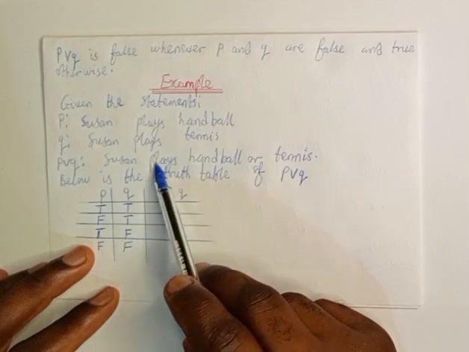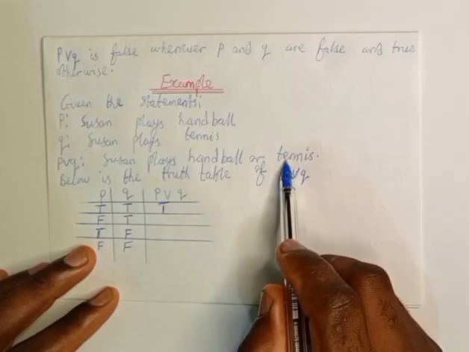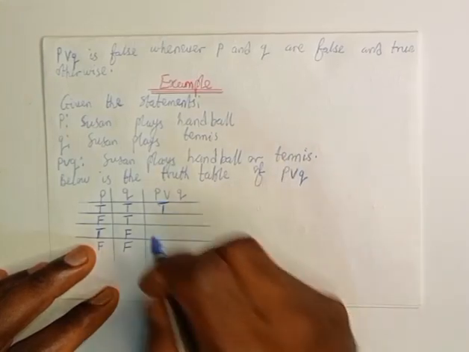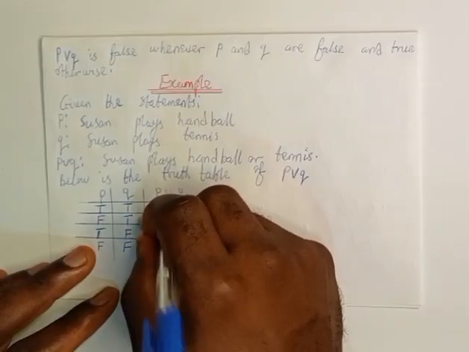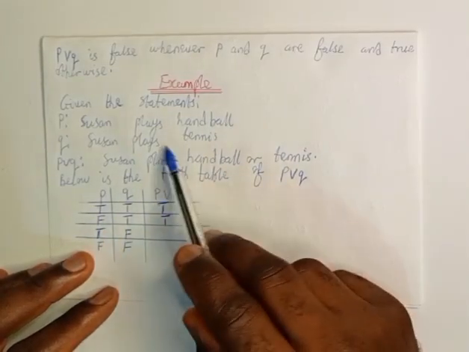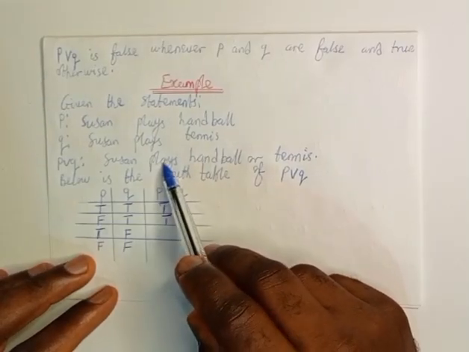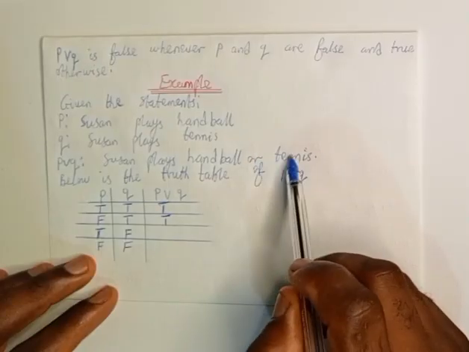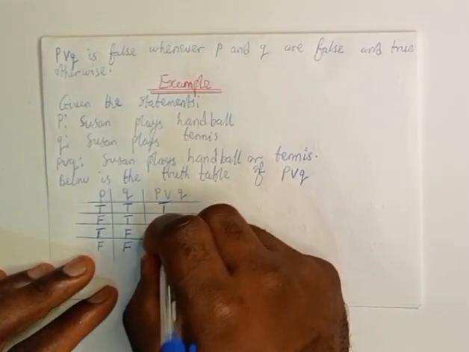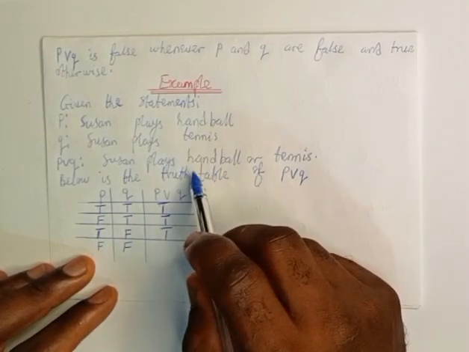The disjunction Susan plays handball or tennis is true because Susan plays tennis is true. We go to the next. Susan plays handball is true. Susan plays tennis is false. The disjunction Susan plays handball or tennis is true. It is true because Susan plays either handball or tennis, one of them.